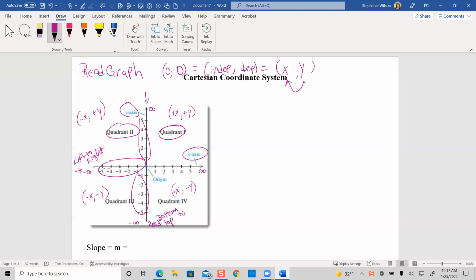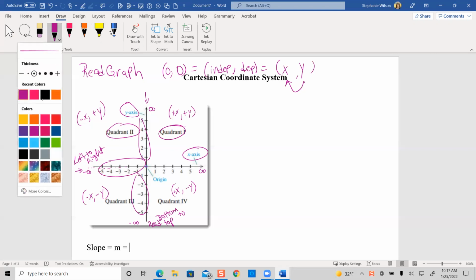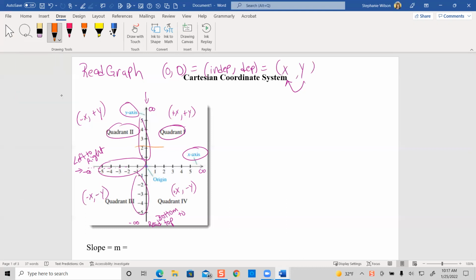One more thing about the graph, though. Whenever we're talking about plotting points on the graph, if we cross the y-axis, if it's a horizontal line, we cross it, or an angle, we cross it, wherever it may be, that is going to be my y-intercept. And what do I know at that particular point? I know that x is always 0 and y is some number.